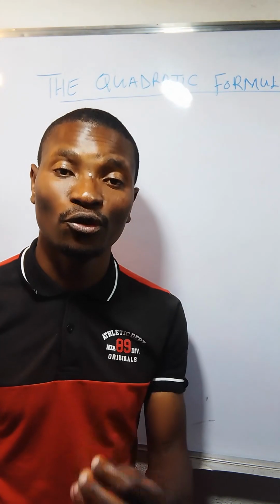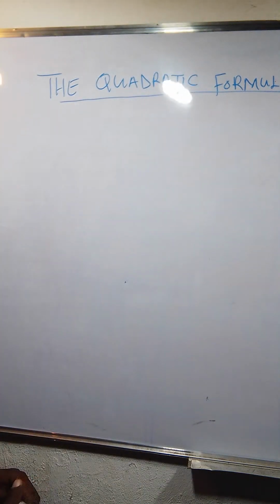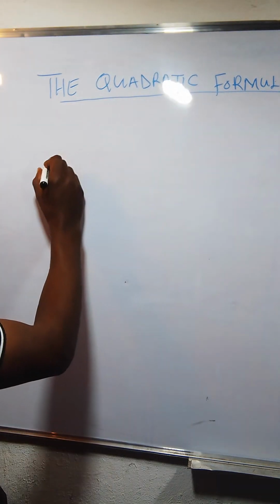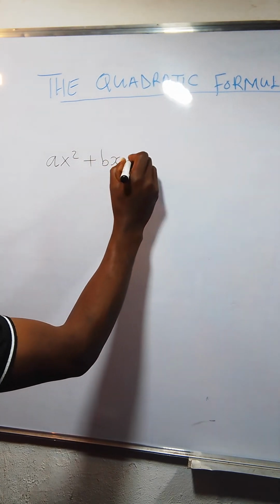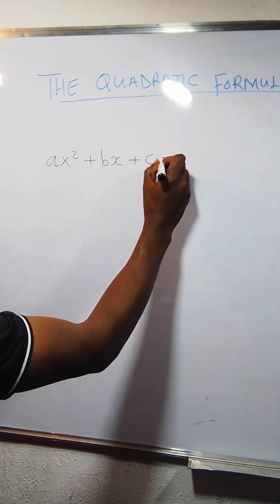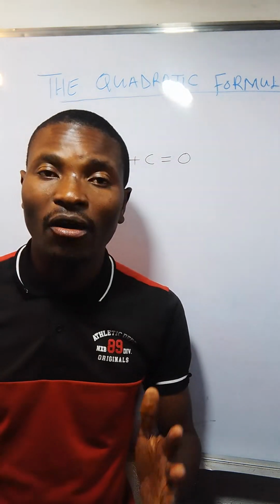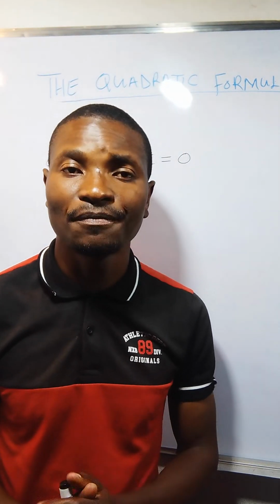Okay, so now let's get into the main idea of how you can prove a quadratic formula. We understand that a quadratic equation has the general form ax squared plus bx plus c equals 0. That is basically the general form of a quadratic equation.